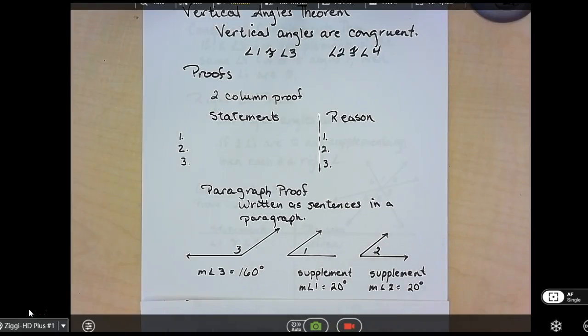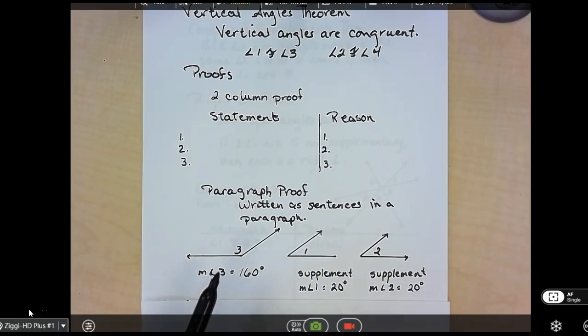All right, so now knowing that angle 3 is supplementary to these two angles, what do we know about angle 1 and angle 2? They're 20. They're congruent. And that's our next theorem.